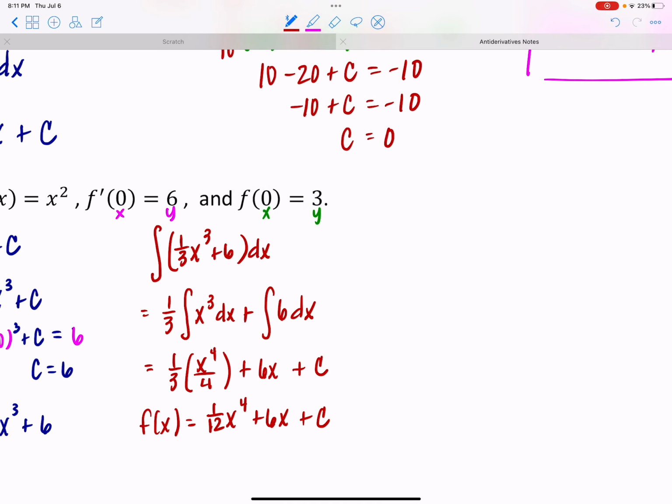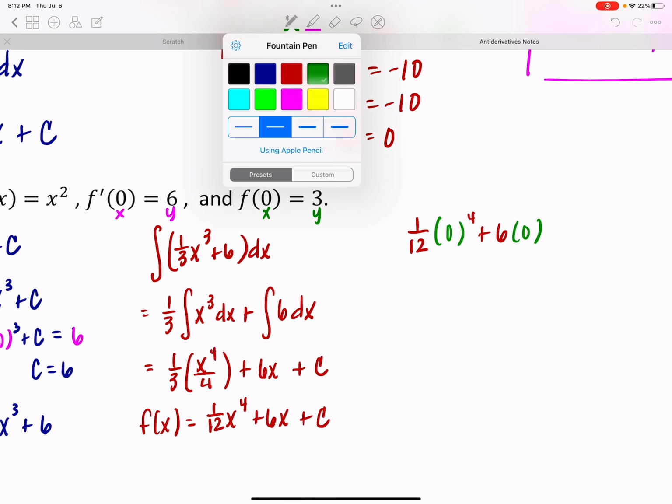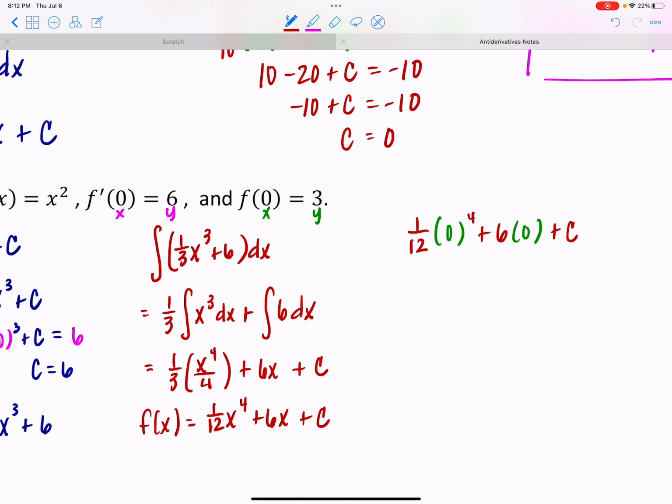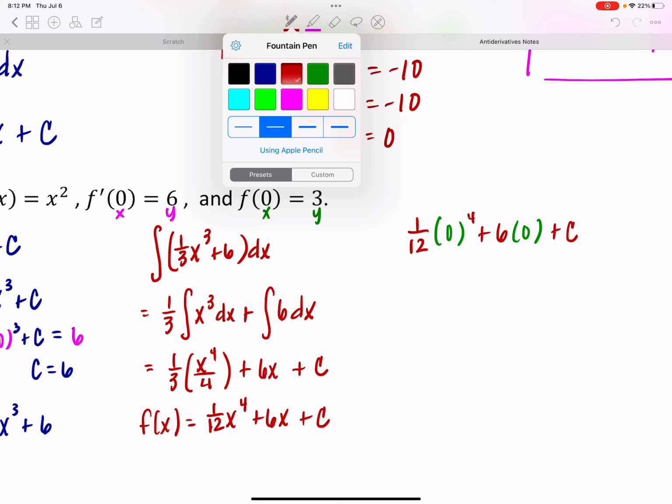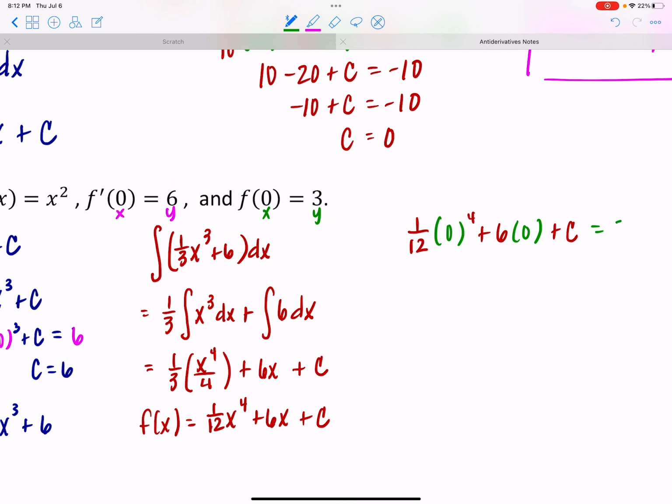I'm going to say 1/12 times an input of 0 to the 4th, plus 6 times, again, an input of 0, plus the constant that I'm looking for. All of that should amount to my output, which is 3. Those zeros make those terms cancel. That means that c has to be equal to 3. So c is equal to 3, and now I have the particular function I was looking for.